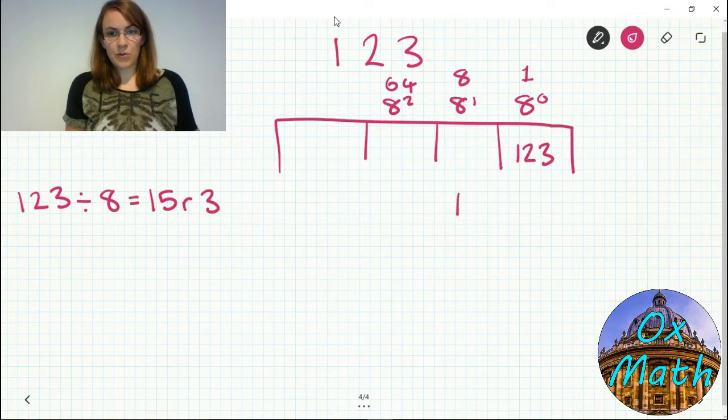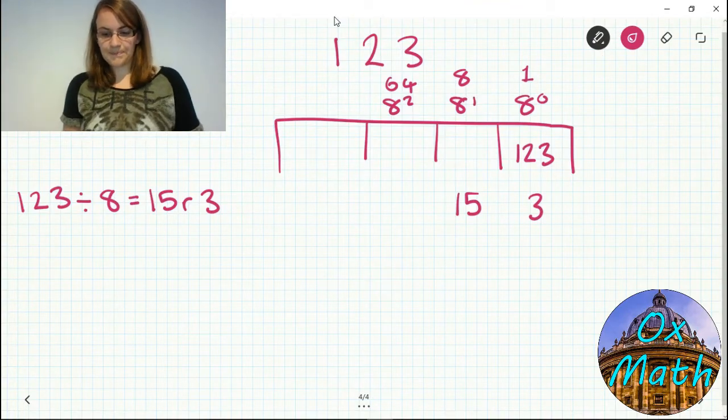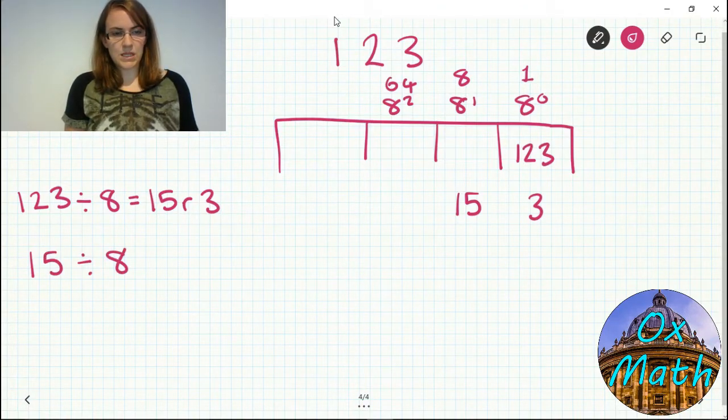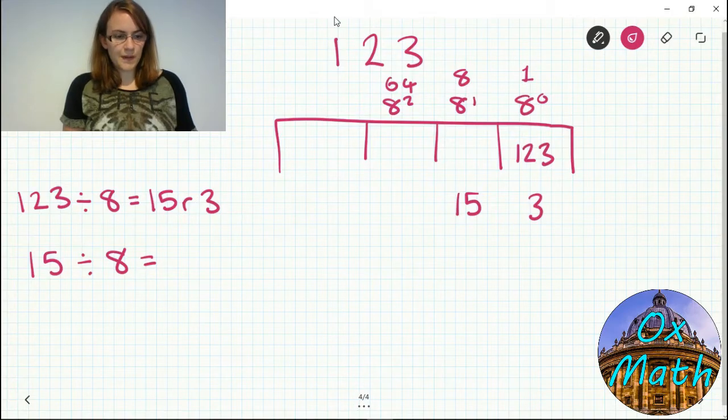So we can record 123 as 15 lots of 8s and 3 more. 15 is still too big, so we again can use the column to the left of it, which is 8 times bigger, and see how many 8s go into 15. So 15 divided by 8 is 1 remainder 7.